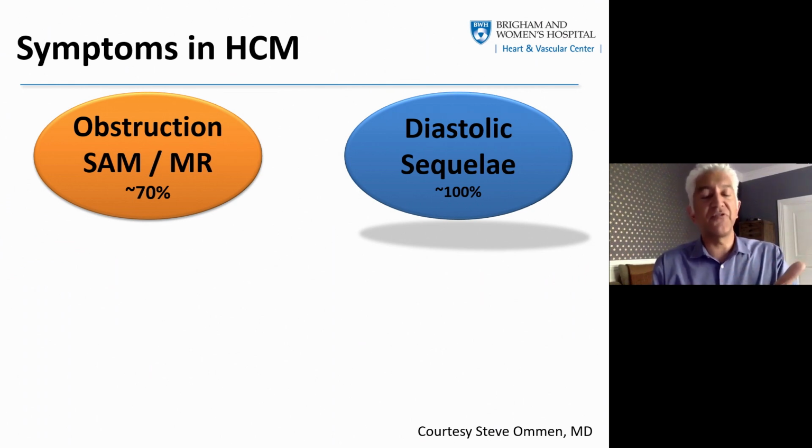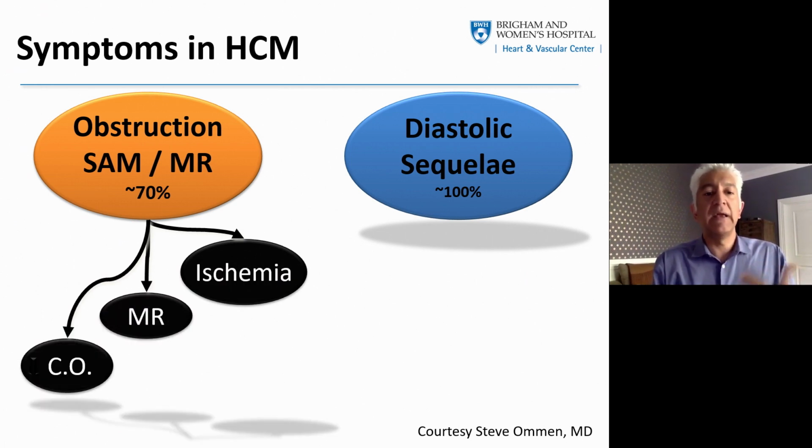And this results also because of drag from that jet leaving the ventricle on the anterior mitral leaflet and some mitral regurgitation. Another proportion of patients, because the ventricle is formed abnormally, have diastolic dysfunction and are short of breath on that basis, even in the absence of obstruction. And then these things may be compounded by other factors. But when there is obstruction, you have a lot of load on the ventricle, and that may contribute to subendocardial ischemia.